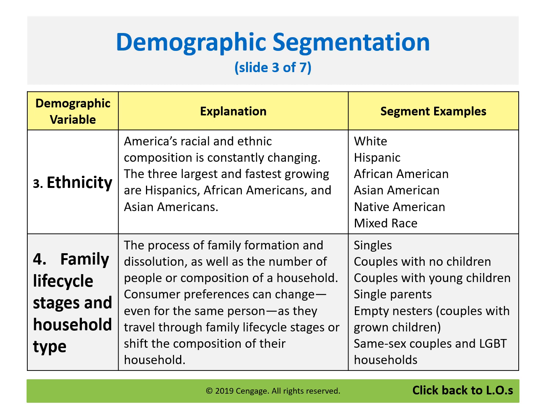Segment examples in this variable could include singles or couples with no children, couples with young children, single parents, empty nesters or retirees, who are the couples with grown children, or same-gender couples and LGBT households.